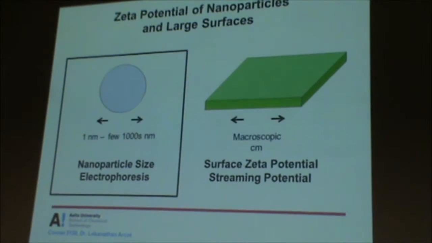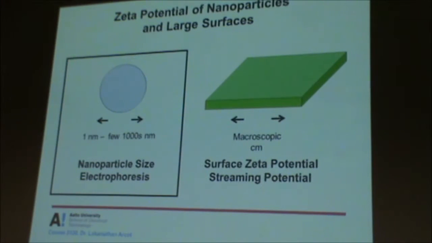Now let's see how streaming current can be used to find the surface potential of a surface, and also how nanoparticle surface potential can be measured experimentally. Nanoparticles can range from 1 to thousands of nanometers.